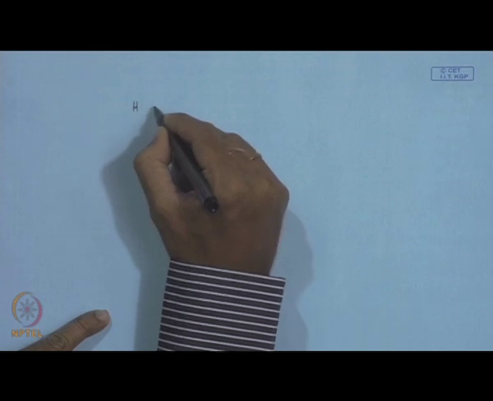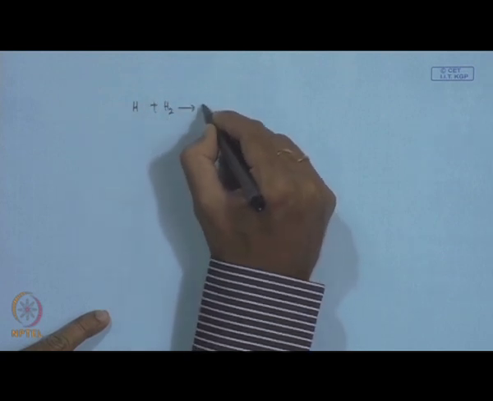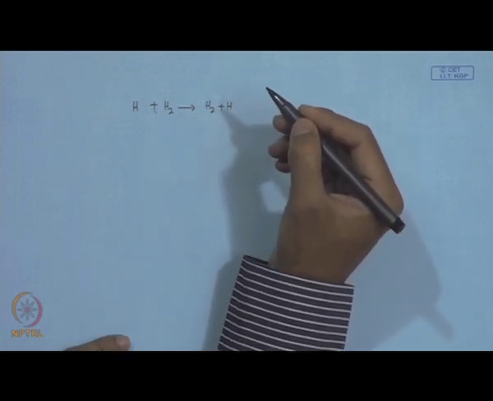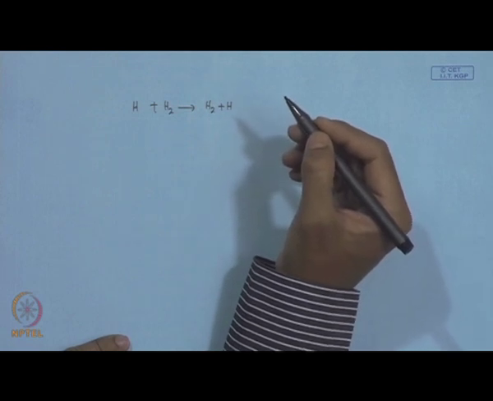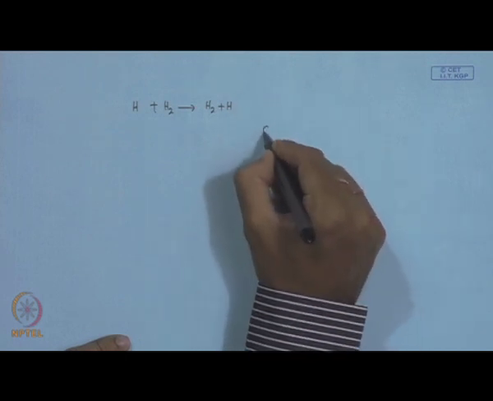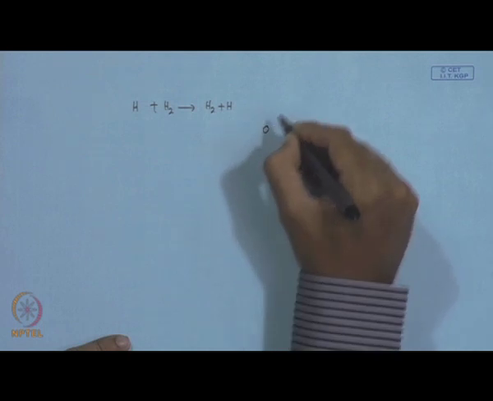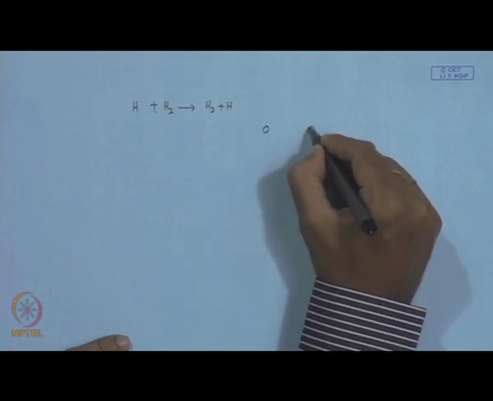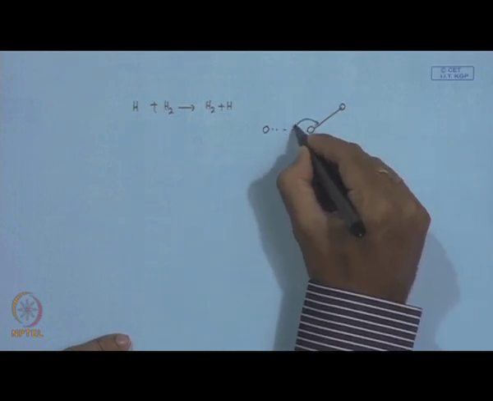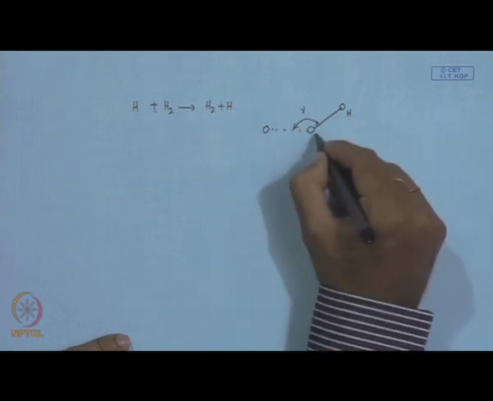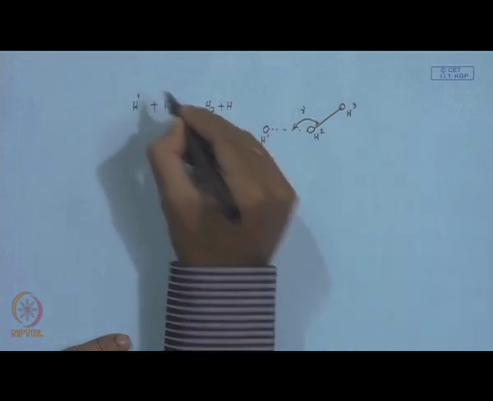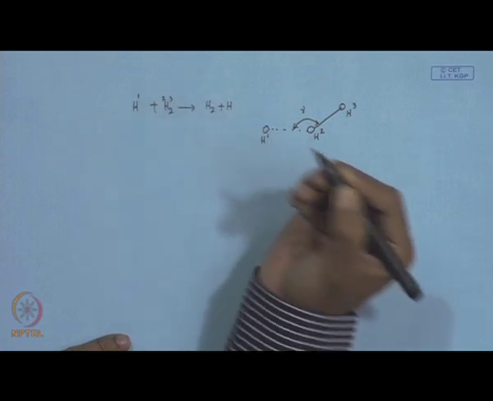It's the potential energy curve for H plus H2 giving rise to H2 plus H. Okay, and this is the potential energy profile along the reaction coordinate for different values of this approach angle. Okay, say this is your hydrogen, and say this is your dihydrogen. So this is gamma. So this is H, another H. So H1, H2, H3.